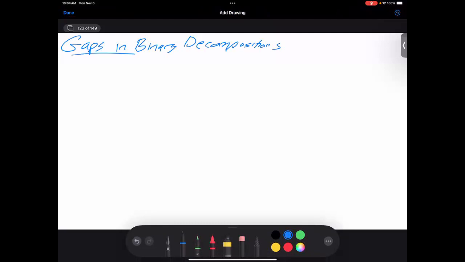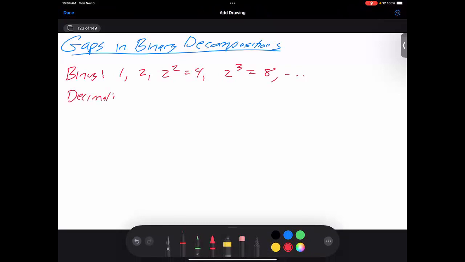So I hope everybody is familiar with binary. So in binary, we have 1, 2, 2 squared, which is 4, 2 cubed, which is 8, ... In decimal, it's 1, 10, 10 squared, which is 100, 10 cubed, which is 1,000, and so on.